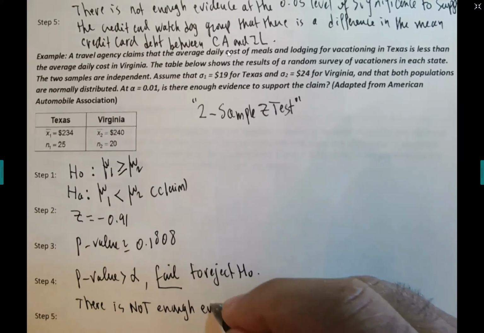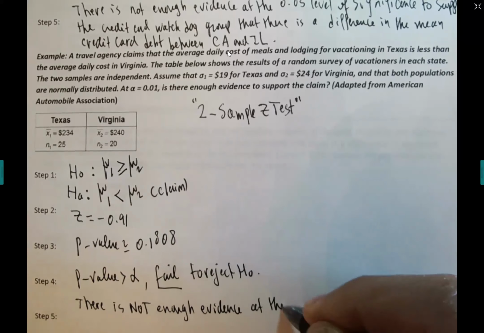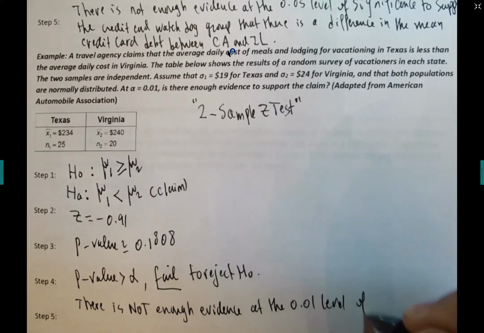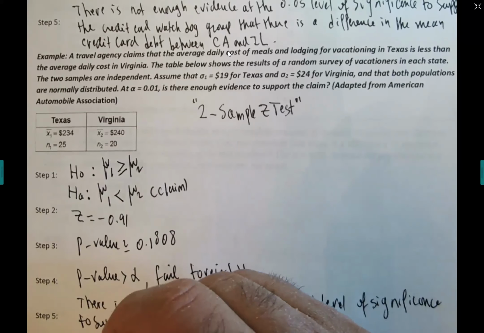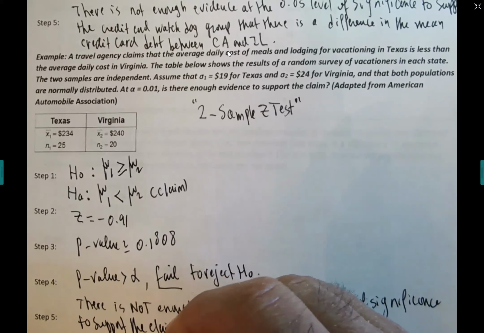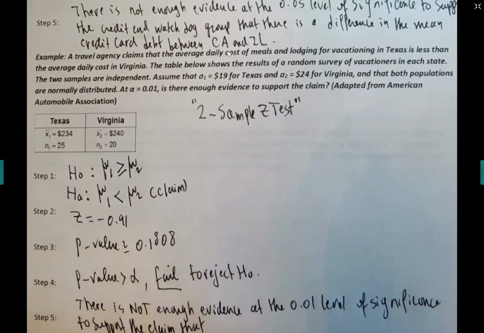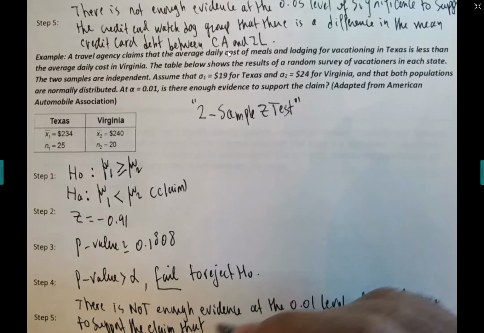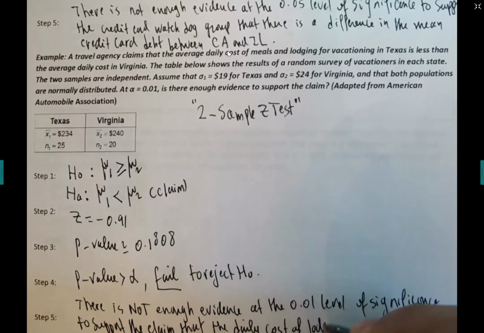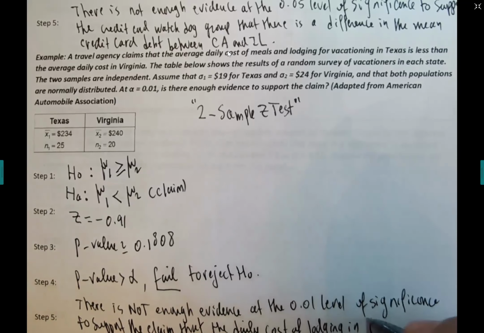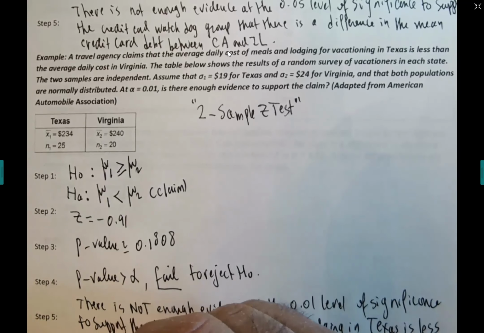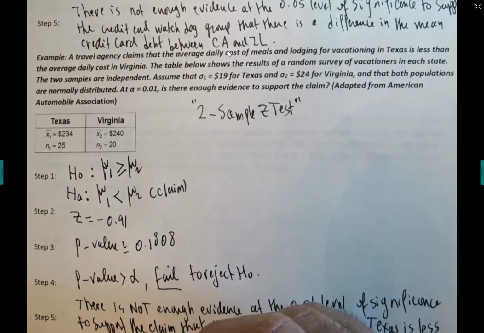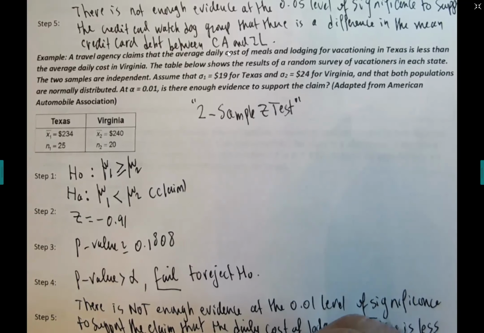Enough evidence at the 0.01 level of significance to support the claim that the daily cost of lodging in Texas is less than that of Virginia. Period. Done.